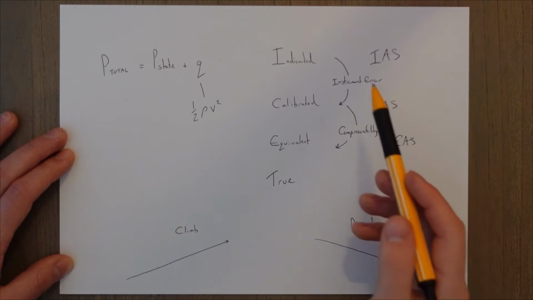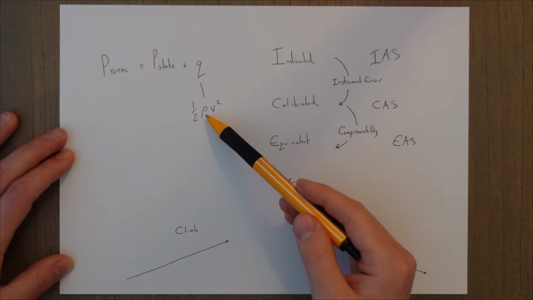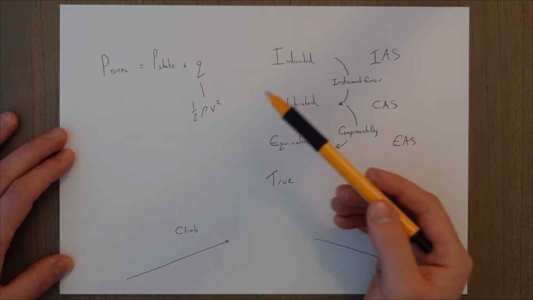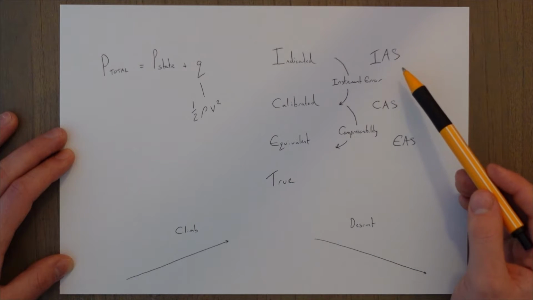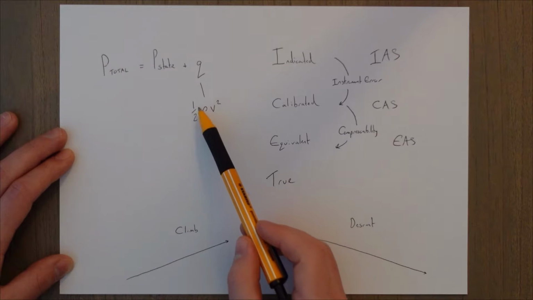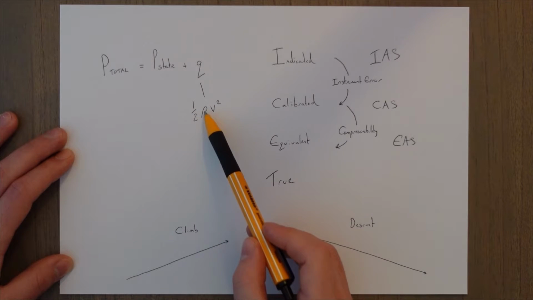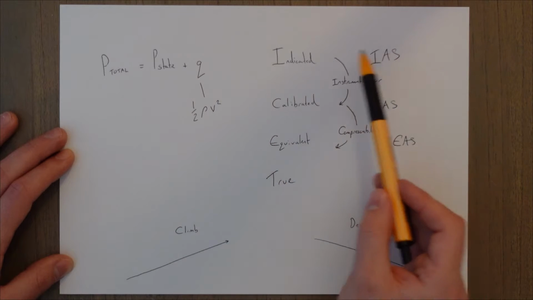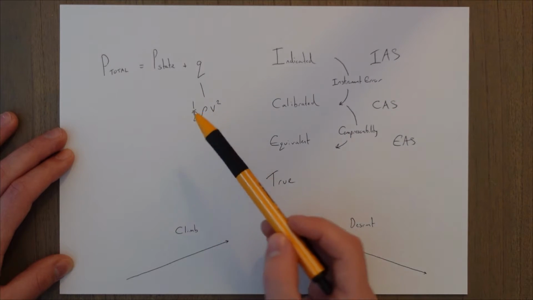So as we climb in altitude, our density value starts to fall. If we were to maintain the same indicated airspeed, then our value for speed would have to go up to maintain the same output, because our density is falling.